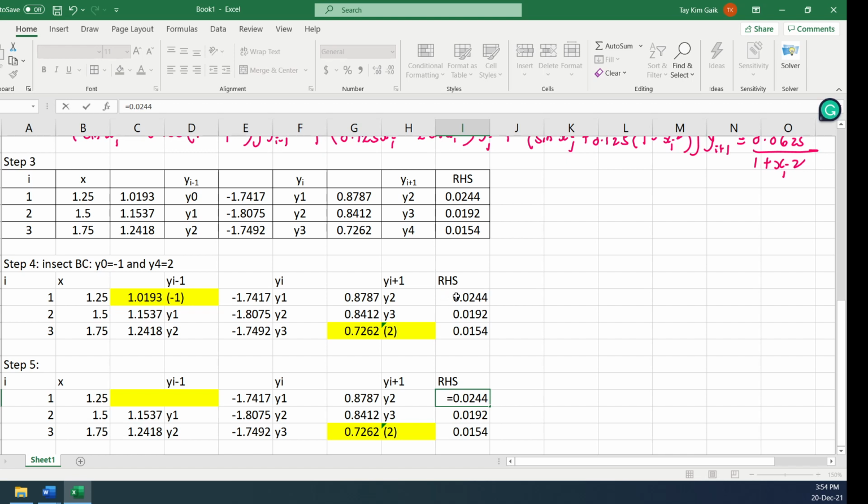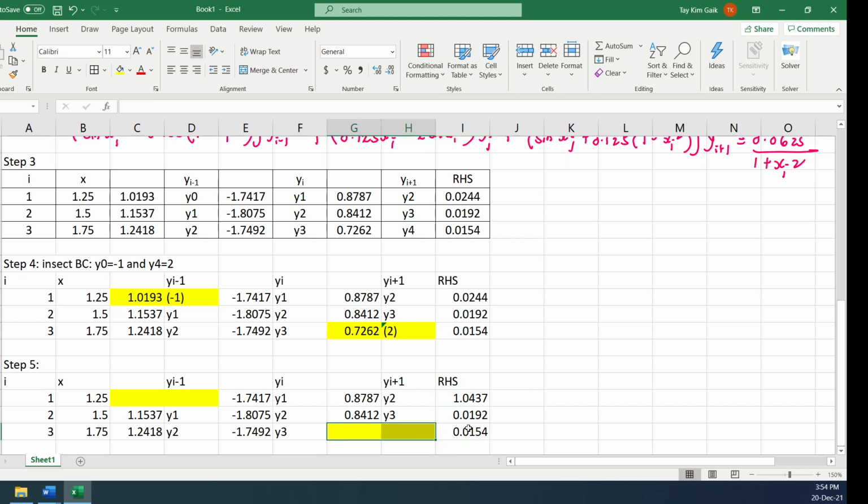From step 4, now you are going to update the right hand side of the first equation, which should be 0.0244. Because these two values are negative, so you bring to right hand side become plus, plus this value because it is times 1. And then this value you bring to right hand side, so you have the last equation 0.0154.